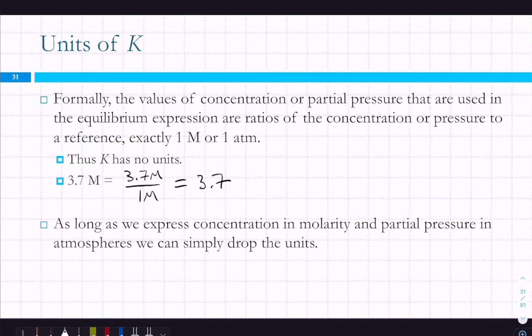There are a lot of things that work very closely to ideal conditions. But at some point, those ideal conditions are not ideal, and you have to consider other effects. If you want to know more, that concept is called activity. It's the proportion of the concentration that you add that is actually able to participate in reactions.